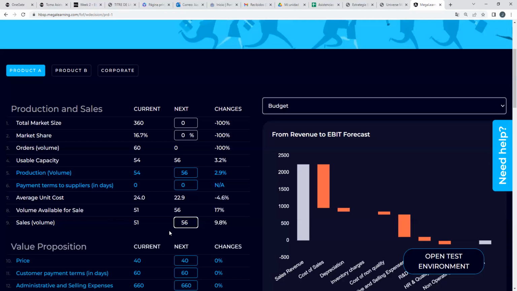Remember, if you are going to pay 30 days later, you can calculate the extra cost: 30 days divided by that magic number of 600, and this is going to be 5%. Yes, if you increase the payment terms by 30 days, your raw material cost is going to be 5% higher, okay?